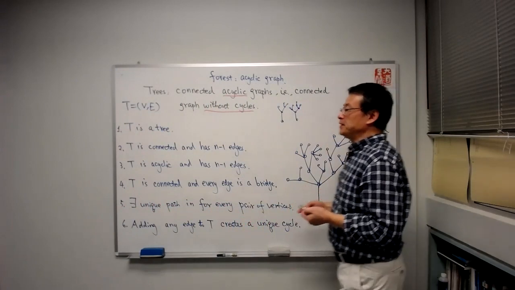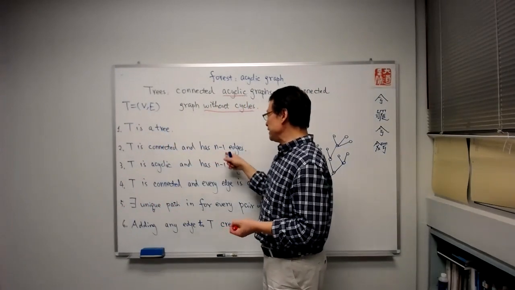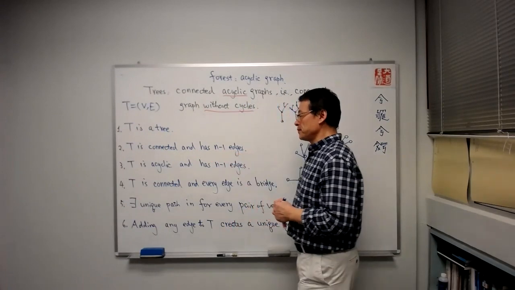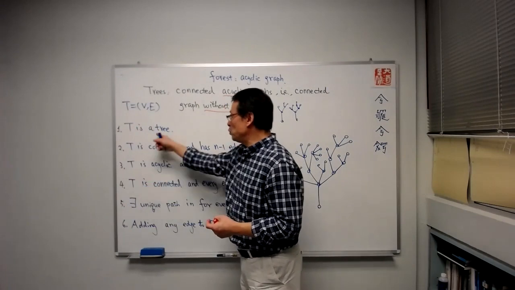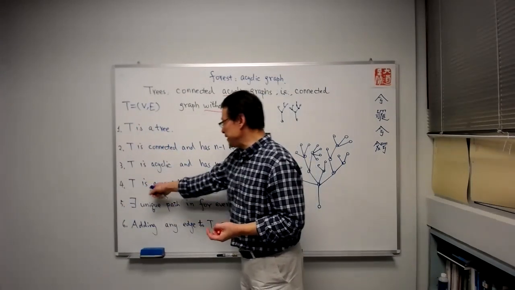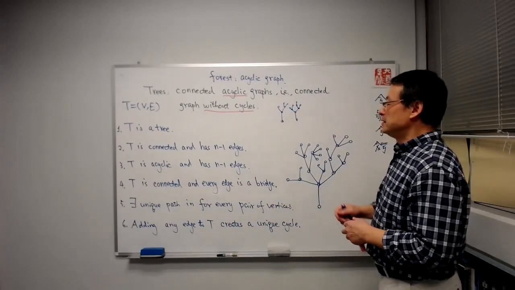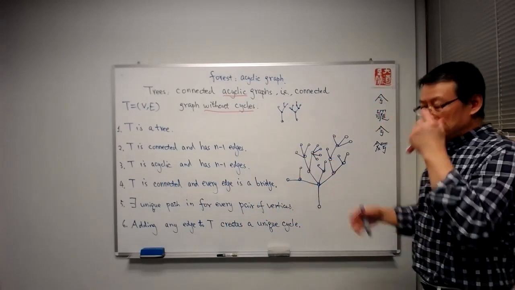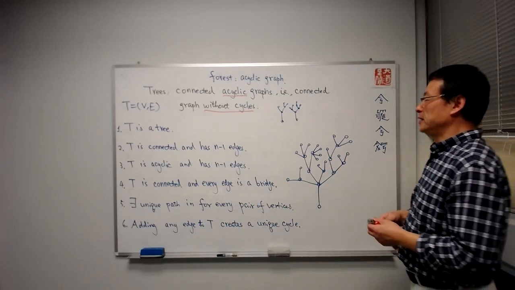By that we mean that you can say T is a tree if and only if it is connected and has n-1 edges. Or you can say, combining 4 with 1, that T is a tree if and only if T is connected and every edge is a bridge. So there are at least 5 equivalent conditions with respect to a tree.